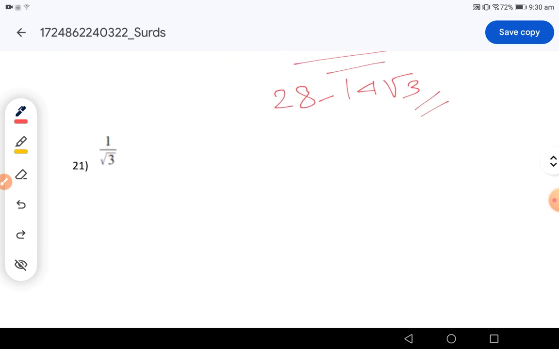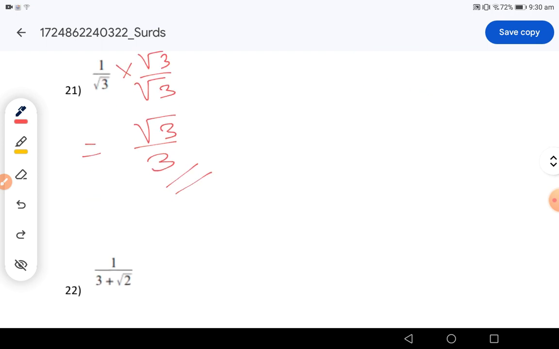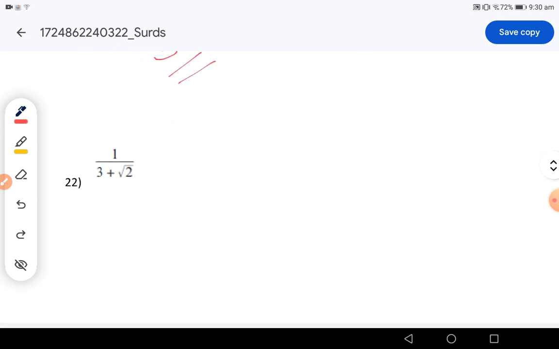Question 21: root 1 by root 3, so multiply by root 3 and divide by root 3 is root 3 by 3. Then 1 by 3 plus root 3, so 3 minus root 3.